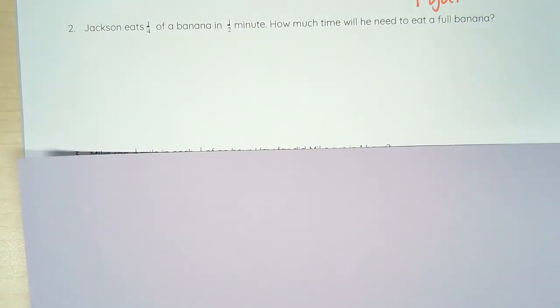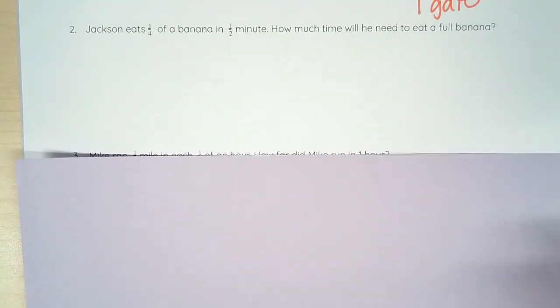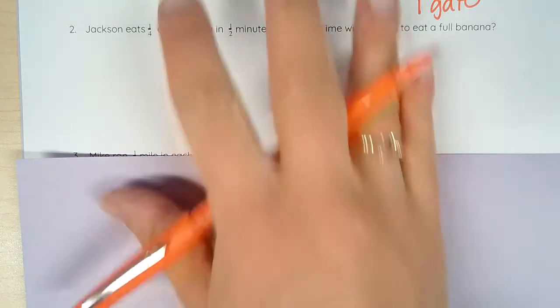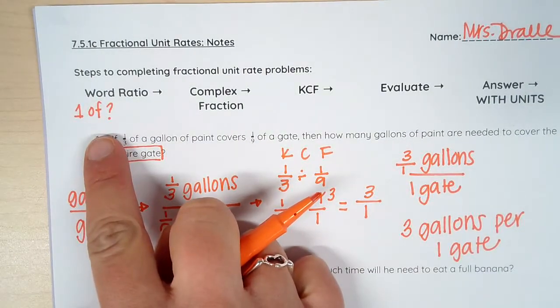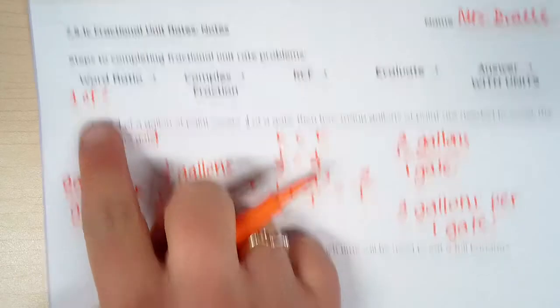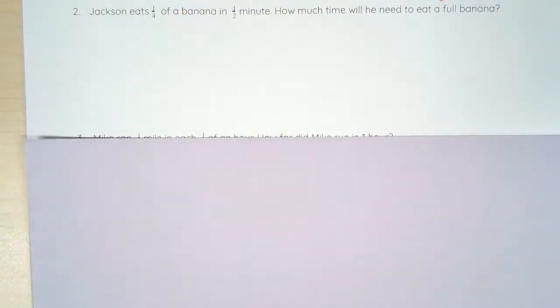Okay, it says Jackson eats 1/4 of a banana in 1/2 minute. How much time will he need to eat a full banana? So we remember that our very first step is to write our word ratio. We need to know what we want one of, so that can go on the bottom. Awesome. So what do we want one of here?